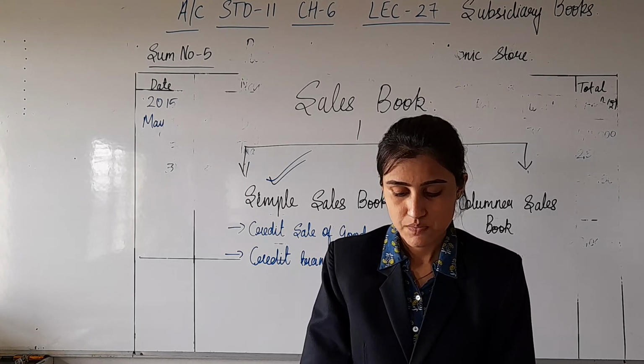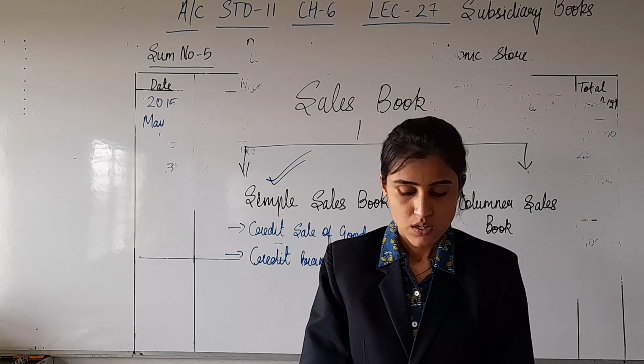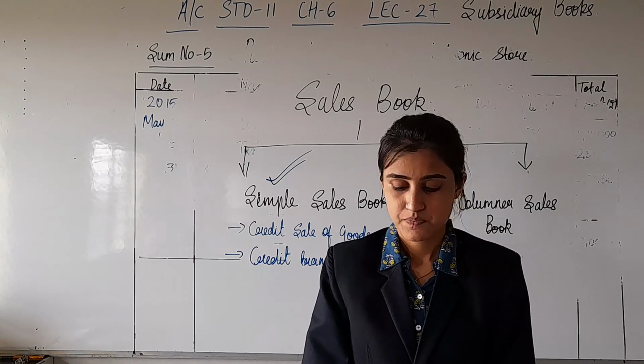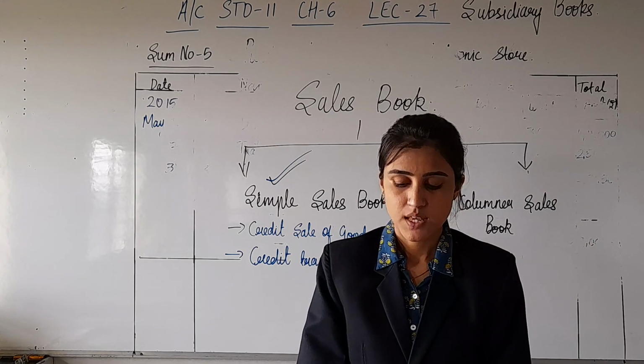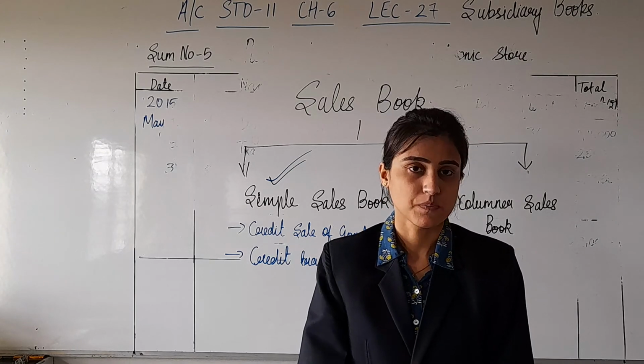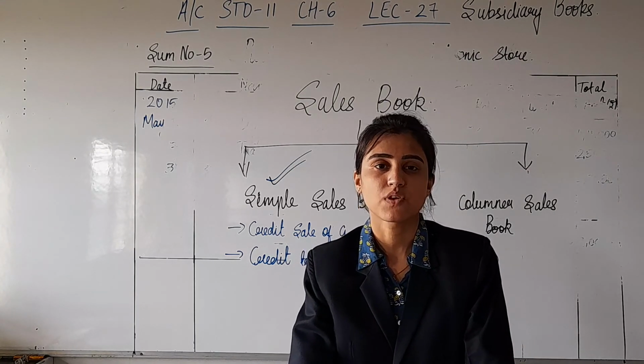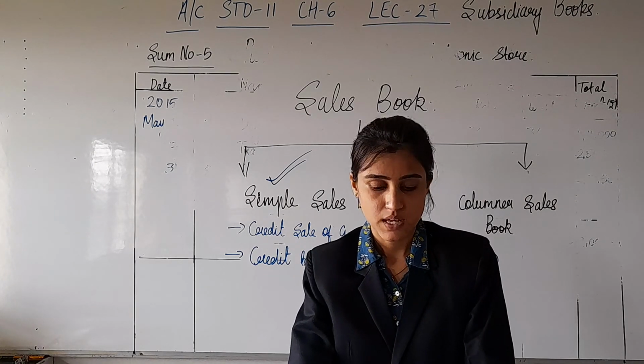The bill number 1967 is written. LF nothing. The amount of goods is 13,000. This is a credit transaction, and hence it has been recorded in sales book.